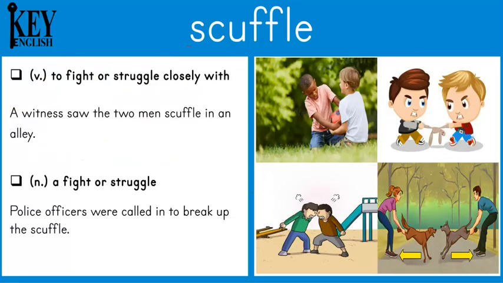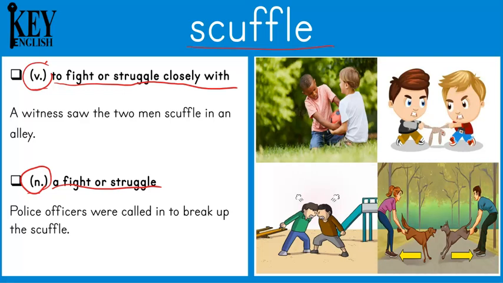Our next word is scuffle. Scuffle can be used as a verb or as a noun, and scuffle is to fight or struggle closely with. A fight or struggle. So the meaning is the same for both. We're just using one as an action and the other one as a thing.